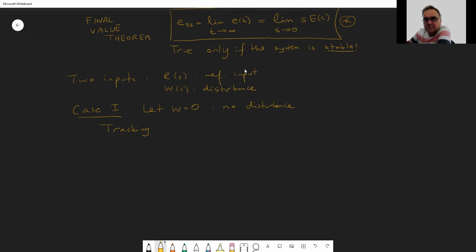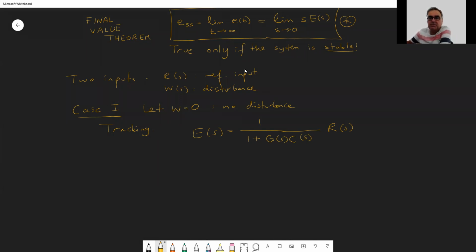So the steady state error in this case is, from the equations above, 1 over 1 plus G of s times C of s, times R of s. G is the plant transfer function, C is the controller transfer function. Okay, so we will be looking at this.